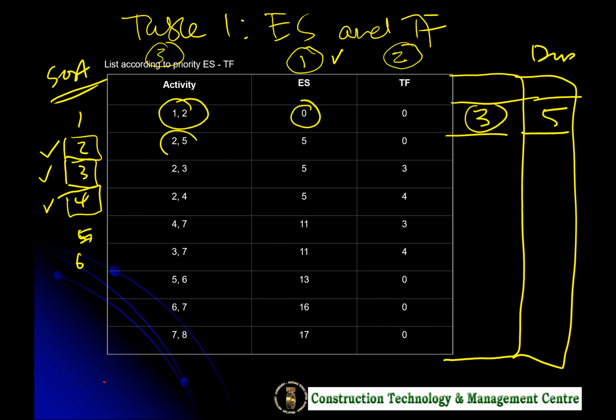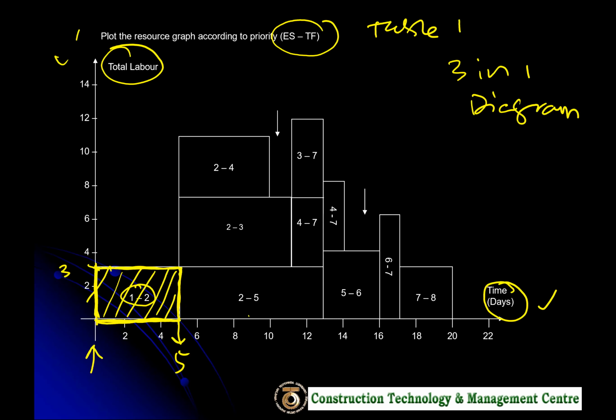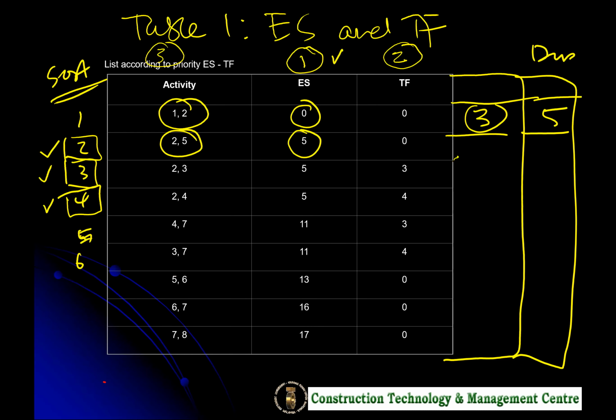Next activity, 2.5. 2.5 starts on day number 5. Basically, we'll continue here. How many days is the duration of the activity? 2, 4, 6, and 8. It should be 8 days here.